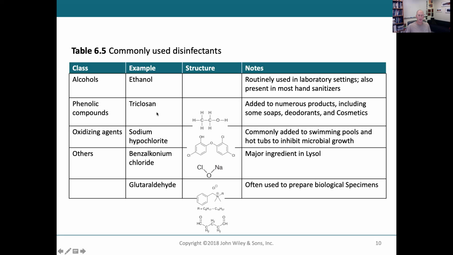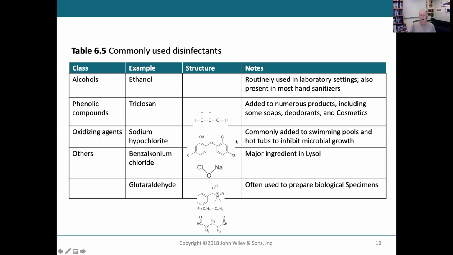Phenolic compounds, triclosan, oxidizing agents like sodium hypochlorite that you'd use in a swimming pool. Benzalkonium chloride is in a lot of the disinfectants. Like if you were in the lab right now, there would be a squirt bottle of disinfectant that had benzalkonium chloride in it, and glutaraldehyde.